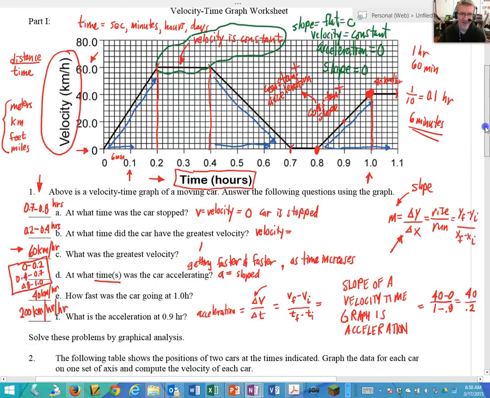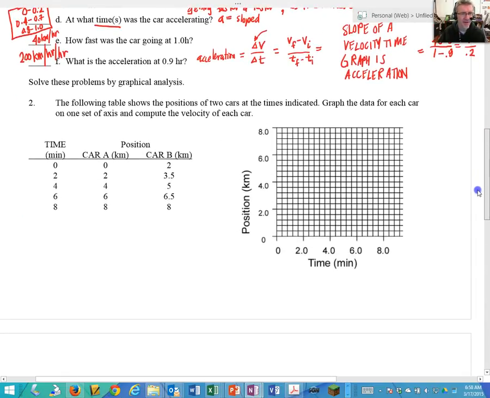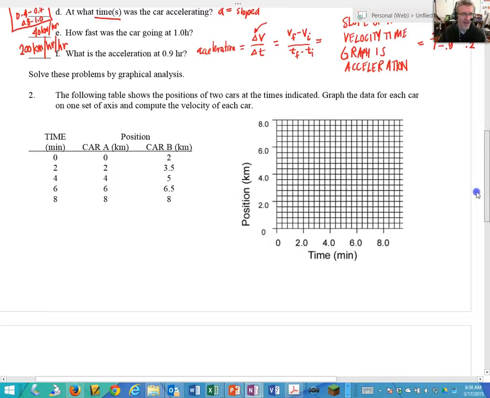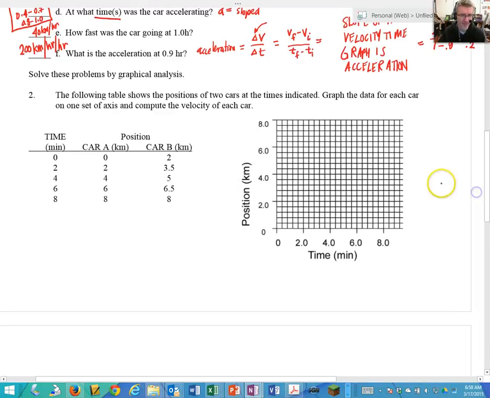All right, so let's go to the next question here. The following table shows the position of 2 cars at the times indicated. Graph the data for each car on one set of axes and compute the velocity of each car. Okay, so car A at 0 minutes is at 0 kilometers.